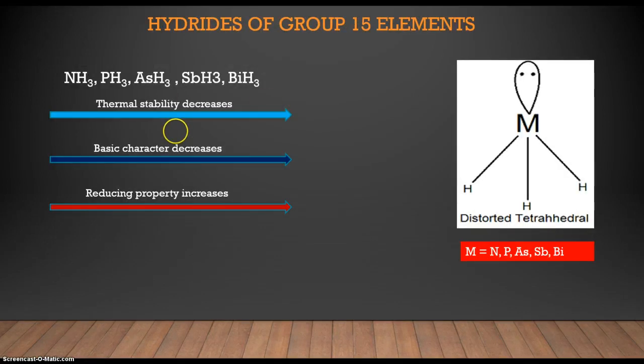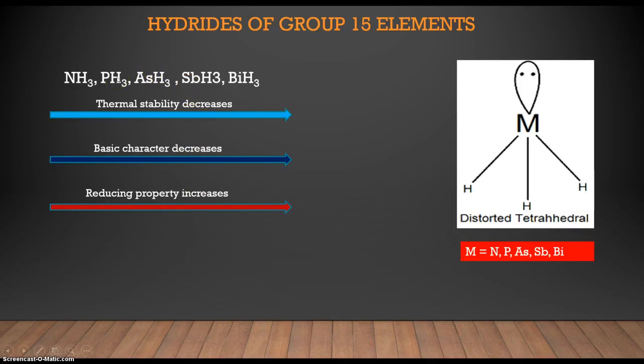Now we will see some trends in the properties of the hydrides of group 15 elements. First of all, group 15 elements always form hydrides of the type MH3.